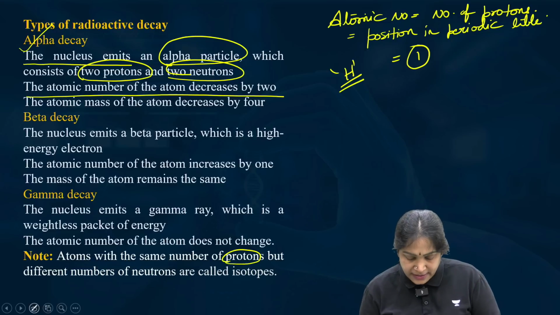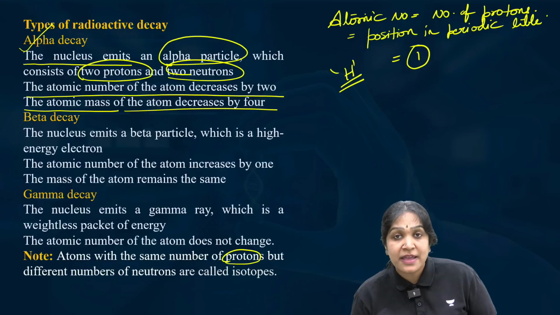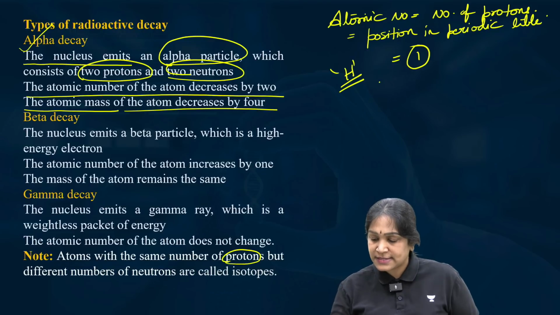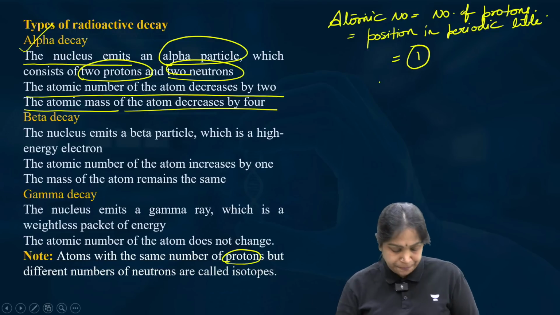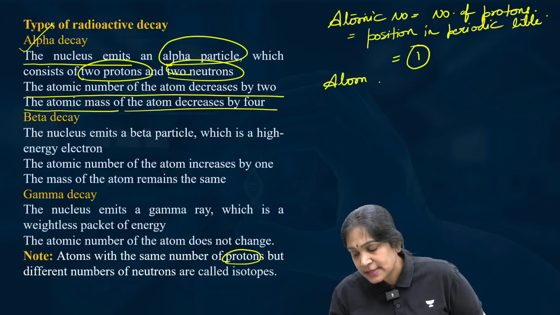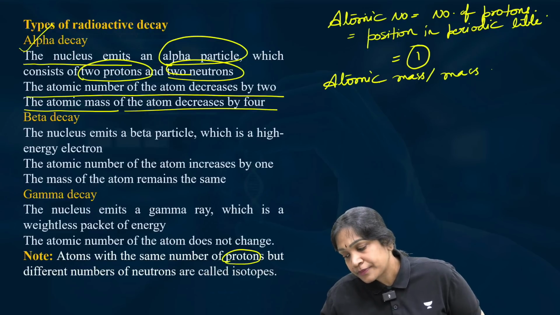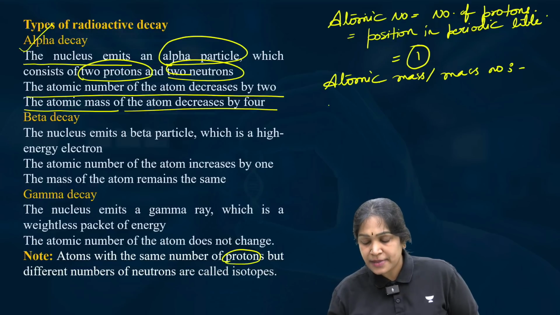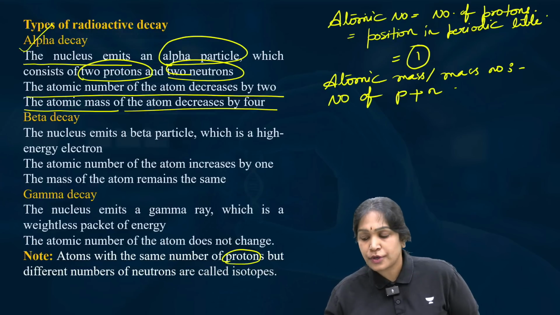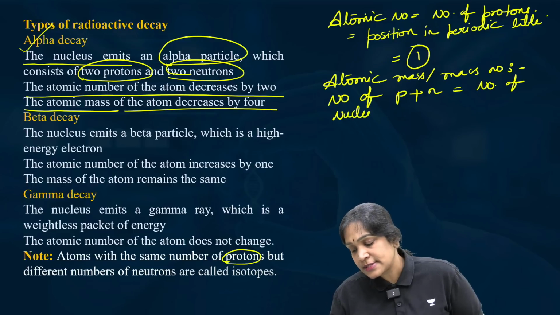The atomic number decreases by 2. The atomic mass of the atom decreases by 4. Okay. Then you have to know what is atomic mass. What is atomic mass or mass number? Atomic mass or mass number means the number of protons plus neutrons, that is the number of nucleons.